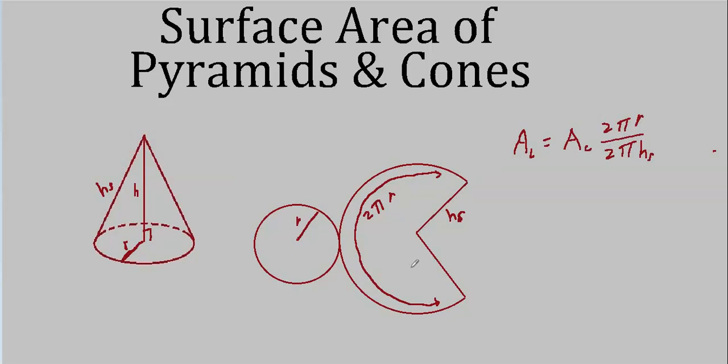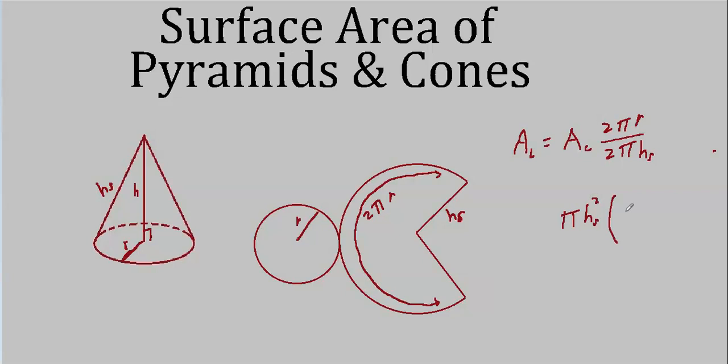It's easy to get confused here. We've got an r for our base circle. We also have a radius for our large circle, and that is the slant height. That's why we use this here, down here. Well, what would a sub c be? The area of this great big circle. Well, that would just be pi times h sub s squared, right?